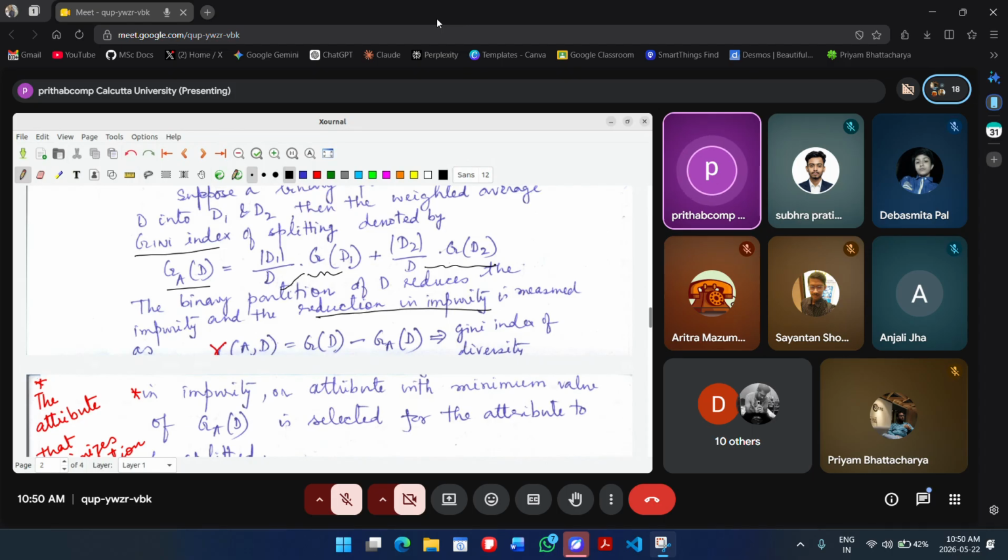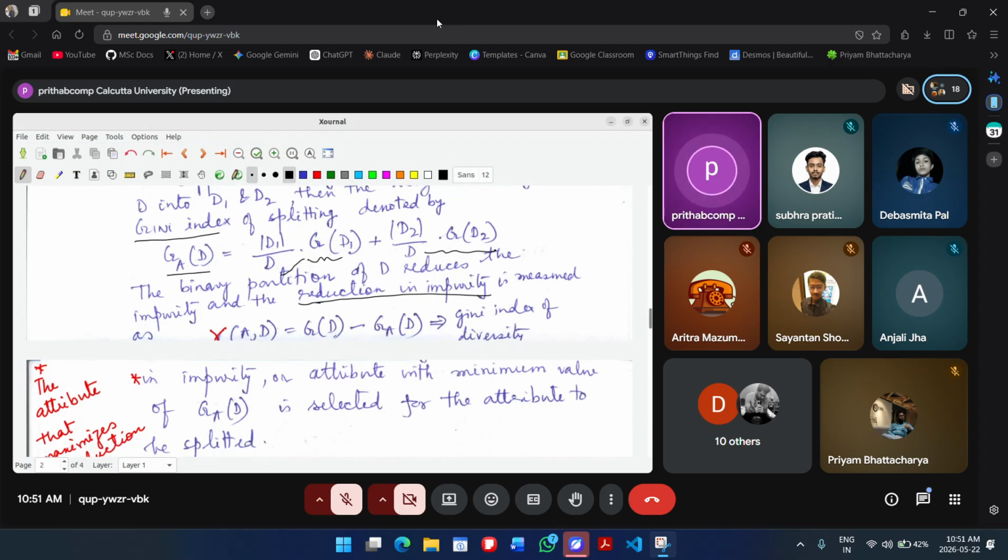So how do you compute that reduction in impurity? We use a function, let's say gamma, of A comma D. A is the attribute and D is the previous node, in the hierarchy the parent of A. So it is G of D minus G of D with respect to the attribute A. This is what is called the Gini index of diversity.